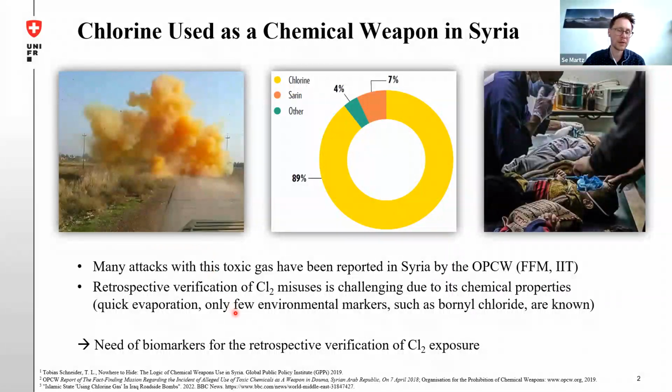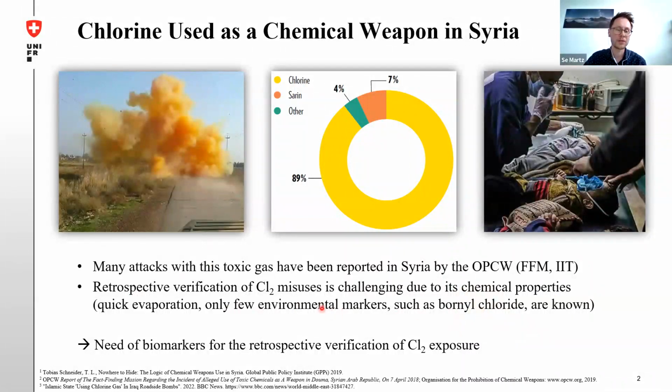And in the environment, it leaves behind just very few markers. For example, in wood, there is a biomarker called bornyl chloride. However, also this compound here is not chlorine specific.